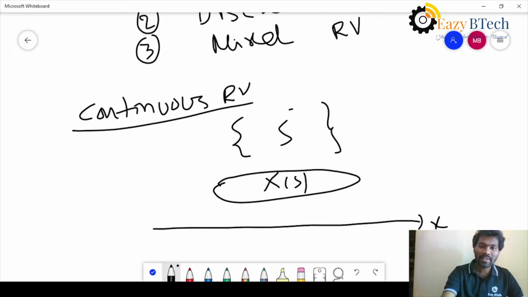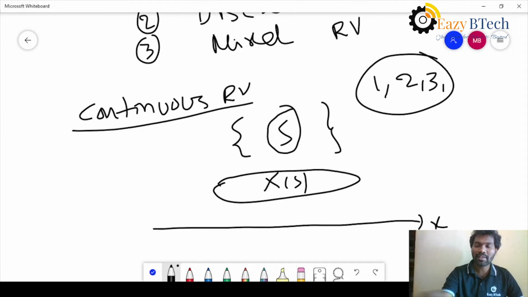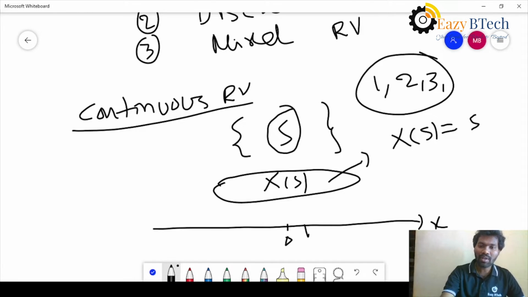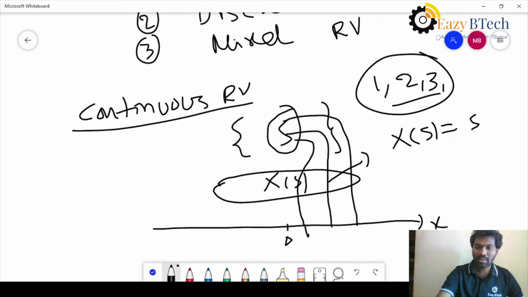If it is a discrete sample space, discrete means you will get 1, 2, 3, and if you define x of s equal to s, then on the real axis you will get 1, 2, 3. Whatever value is shown in the sample space should reflect on the real axis. But this is called a discrete random variable.